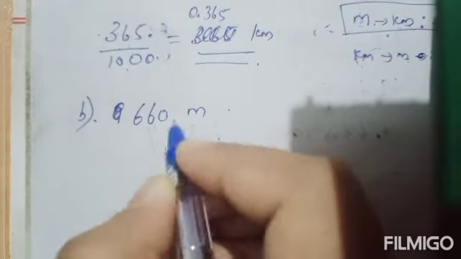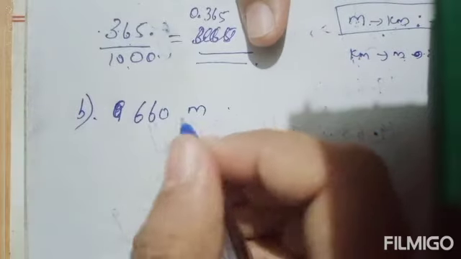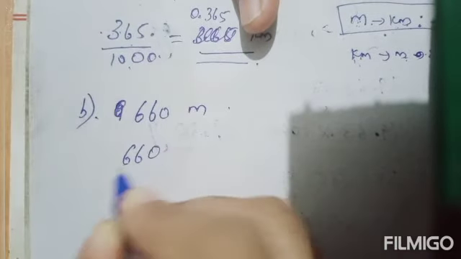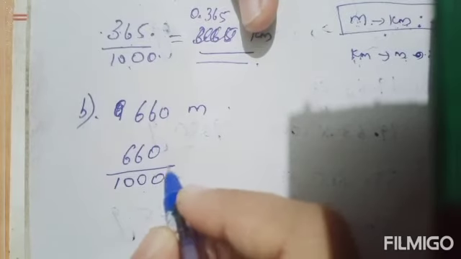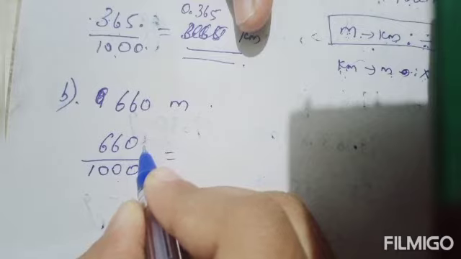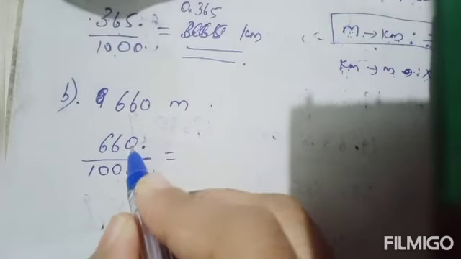Next B, 660 meter. Meter you have to express in kilometer, so divide by 1000. Division by 1000, decimal point will move 3 places to the left. This is 1, 2, 3.